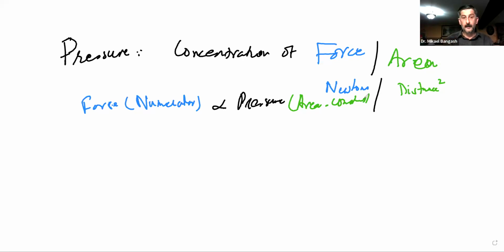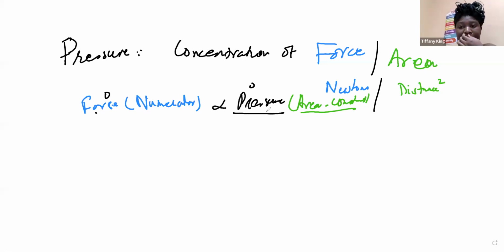And that's what you mainly have to do to establish the actual relationship between force and pressure. Because if you keep on changing the area as well, that is going to affect what you calculate as pressure. Clear?